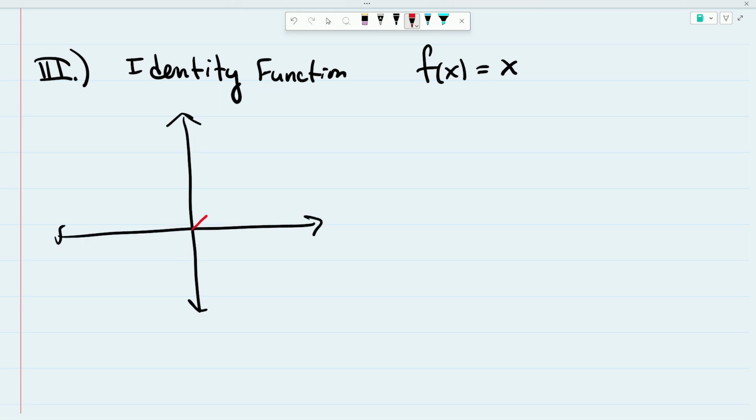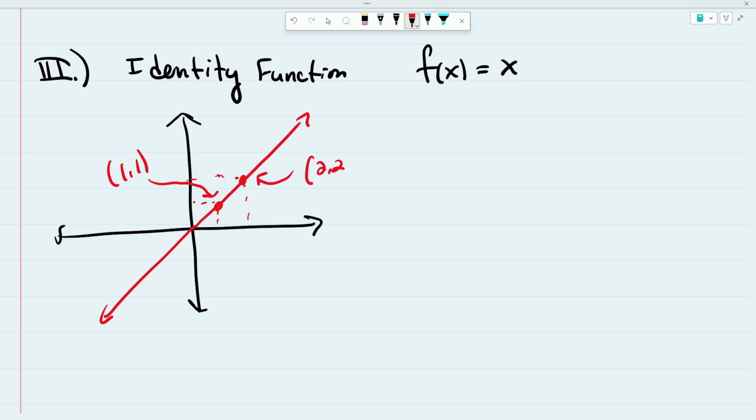It goes right through the origin, and no matter what, every single one of these values is going to be the exact same. So like, for example, the first ordered pair, and I'll draw like a little arrow, that's going to be 1, 1. The next ordered pair is 2, 2. All the way down here, well, that could be -3, -3. In other words, the x and the y are always the same exact thing.